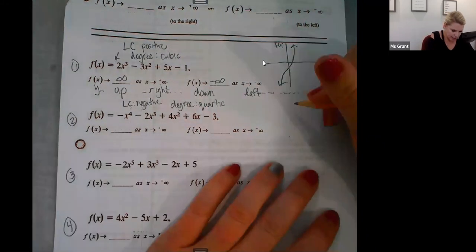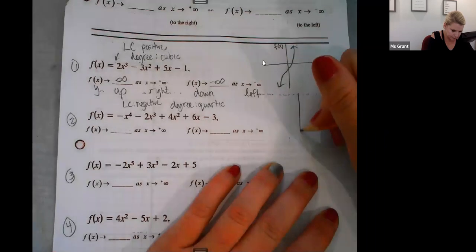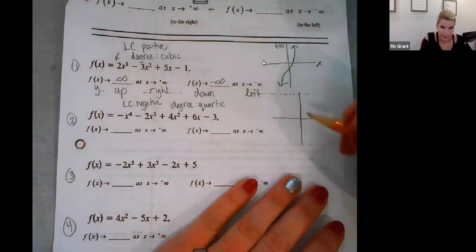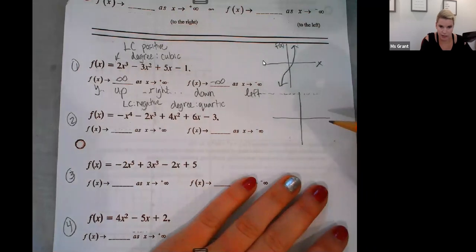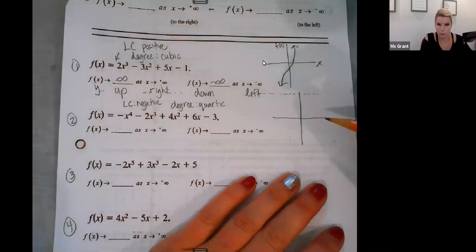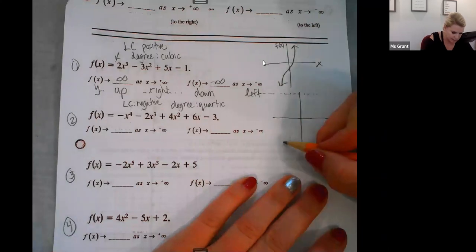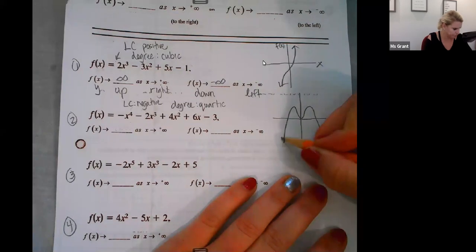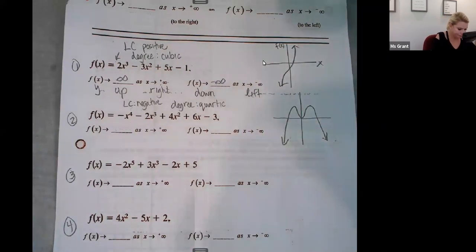Here's what it looks like. If it's a negative leading coefficient and both end behaviors are going down, then it's going to be like this.